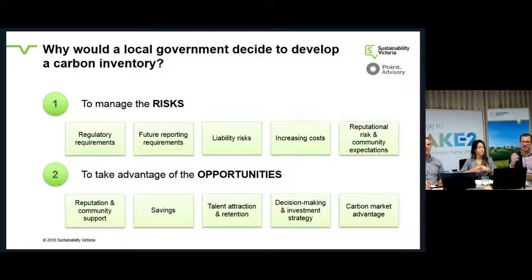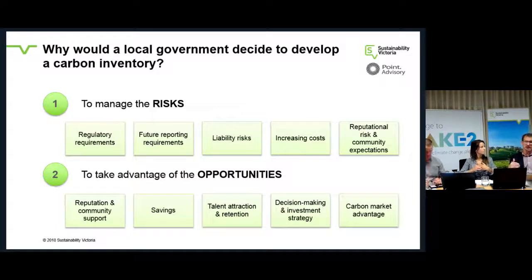And then there's a reputational and community expectation type risk, where we know that a lot of constituents of local governments are quite progressive on the issue of climate change, and they want to see their local governments manage the issue. By developing an inventory and taking those first few steps, you can allay some of those risks that may arise in those areas.